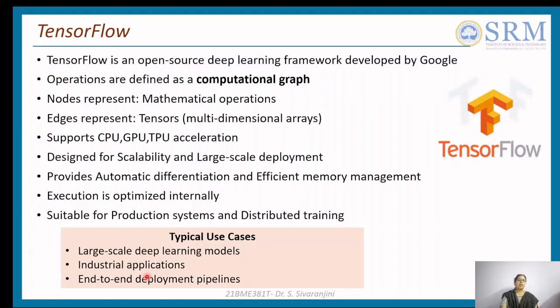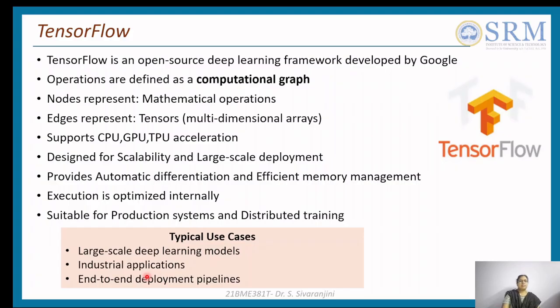We can use any one of the hardware systems: CPU, GPU, or TPU. If you have only a CPU in your system, you can use TensorFlow. If you have a GPU, you can use it. Simple, right? It is designed for scalability and large-scale deployment.